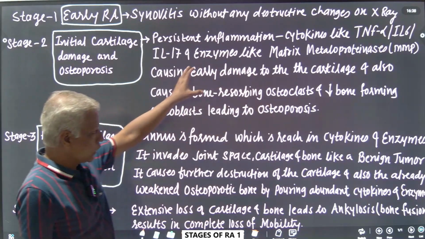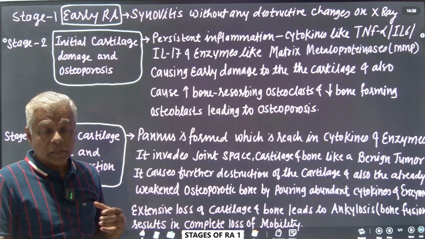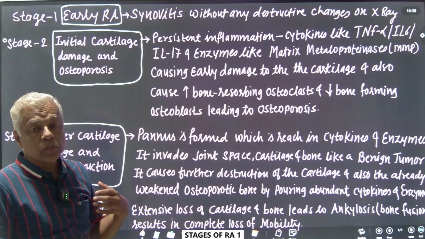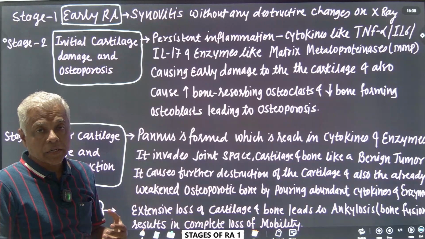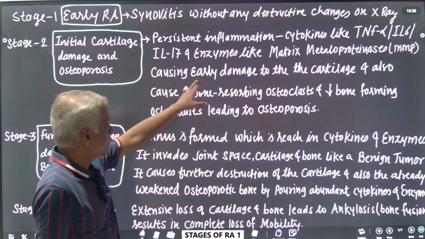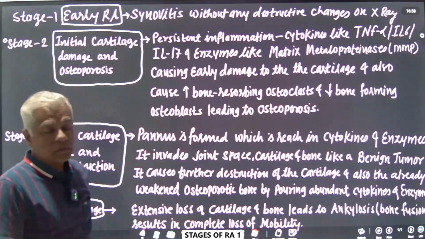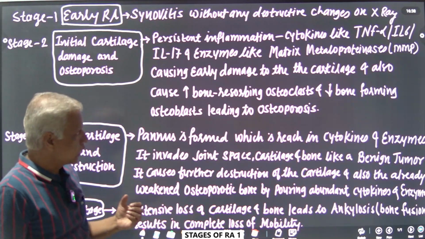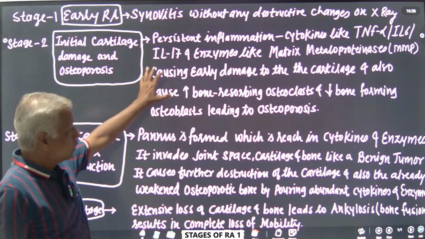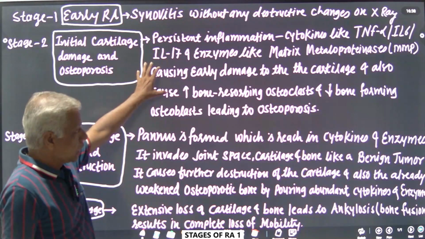So these cytokines and these enzymes cause early damage to the cartilage. This word is very important, early damage to the cartilage. So this is the first thing regarding this stage.